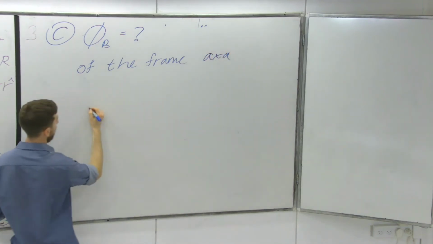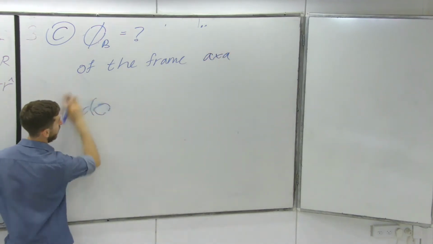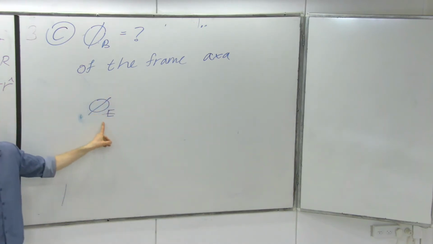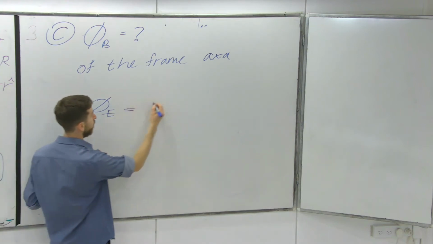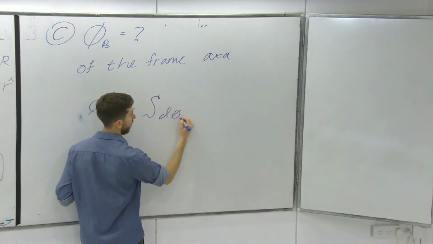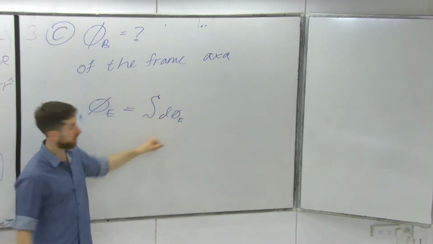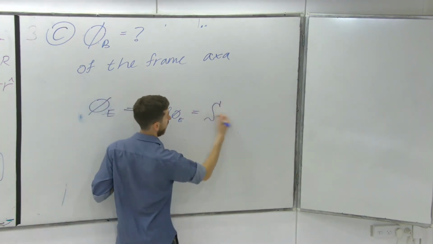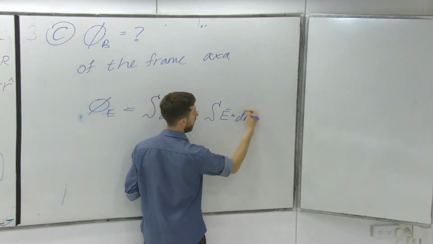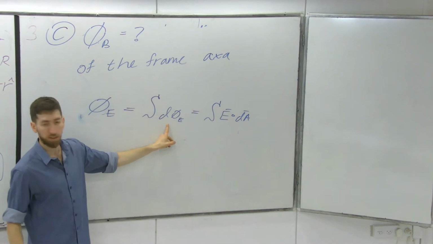For example, remember that we have phi E, right? Which was the electric flux. And it was equal to what? To the summation of a lot of small fluxes of phi E. And a small flux is actually the electric field dot the unit of area from this piece, right?